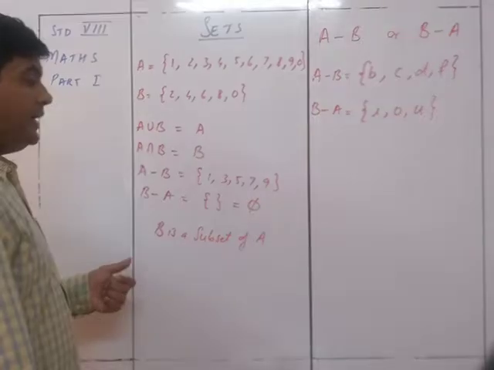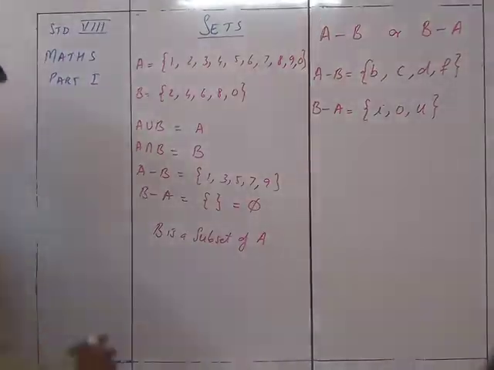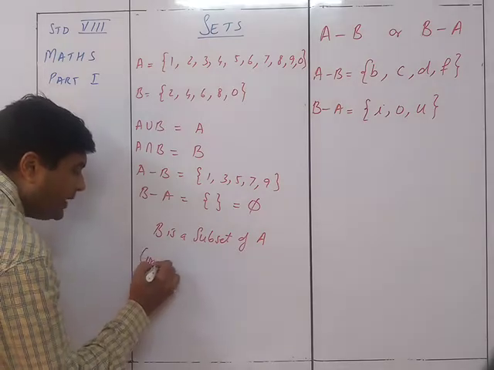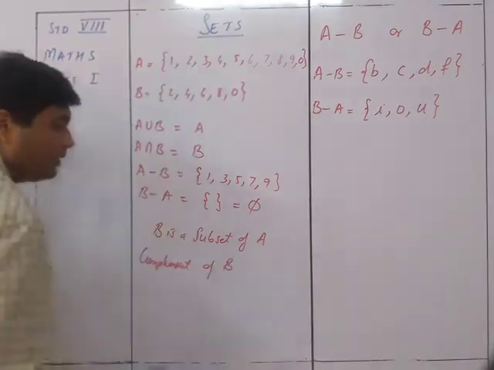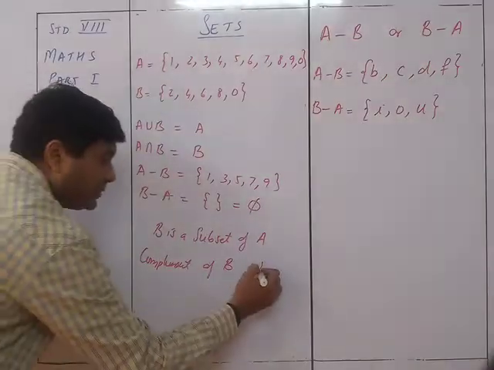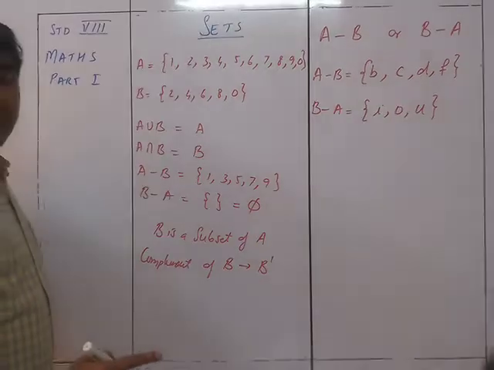And in such a condition, you can have something which can be a complement of B, which is given as B dash. So what is the complement of B?